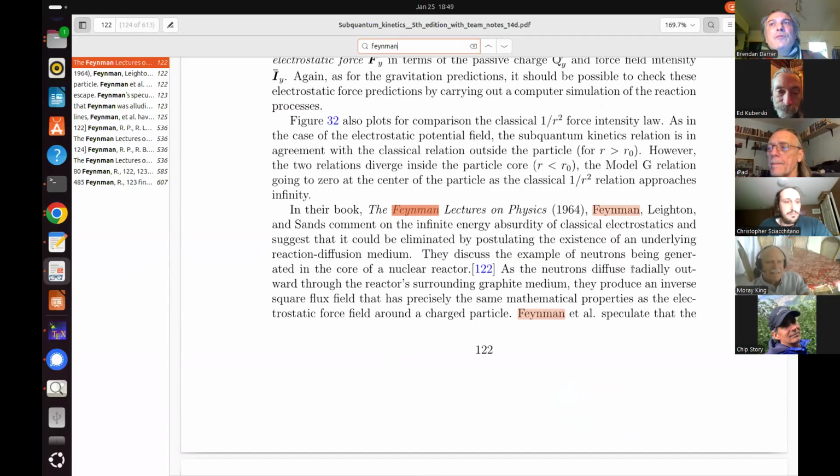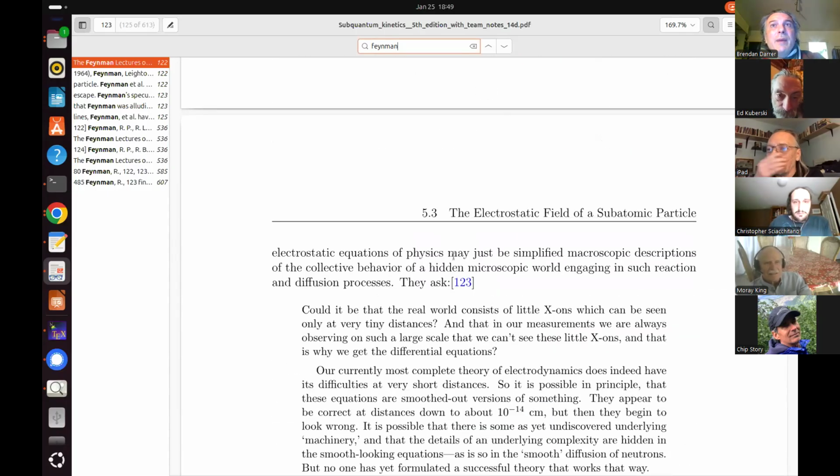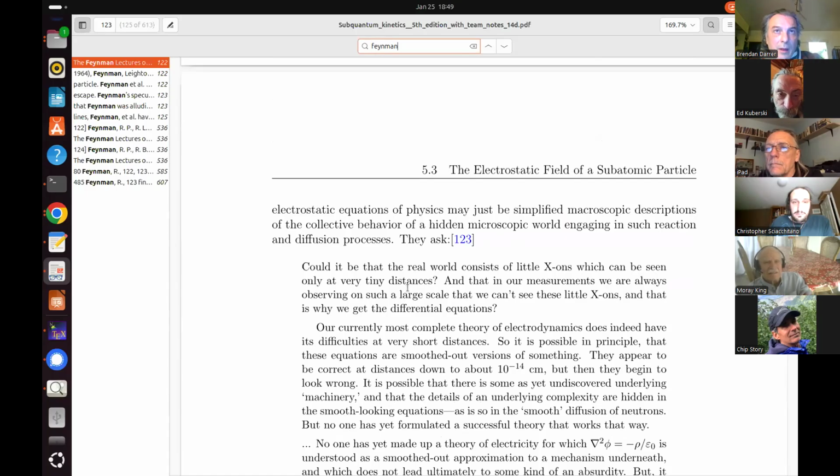As the neutrons diffuse radially outward through the reactor's surrounding graphite medium, they produce an inverse square flux field that has precisely the same mathematical properties as the electrostatic force field around a charged particle. Feynman et al. speculate that the electrostatic equations of physics may just be simplified macroscopic descriptions of the collective behavior of a hidden microscopic world engaging in such reaction and diffusion processes.